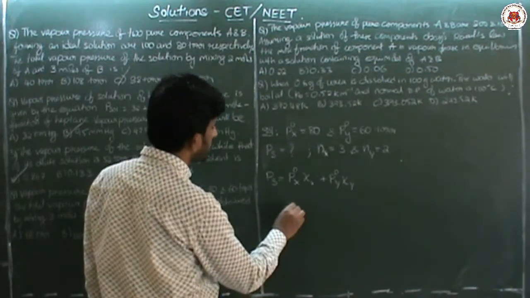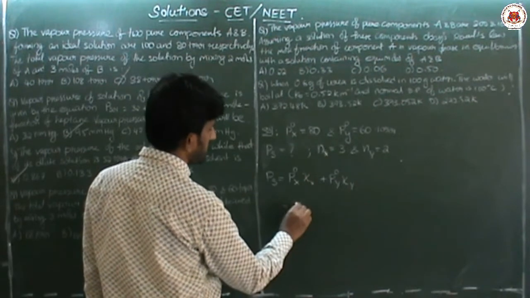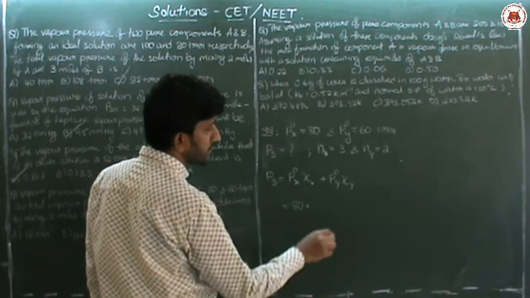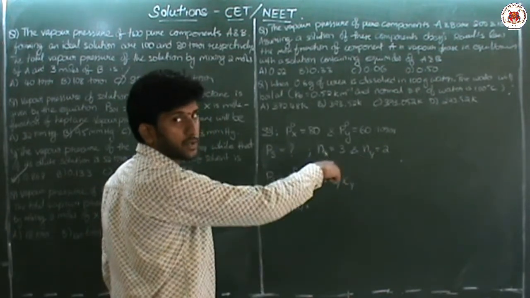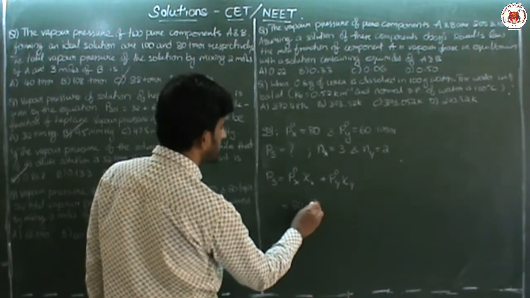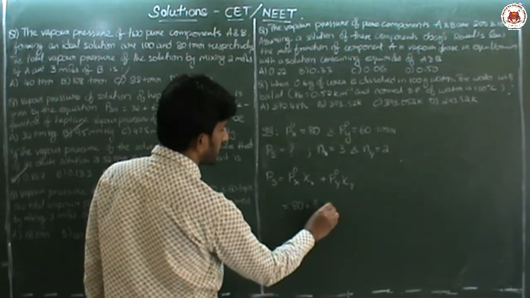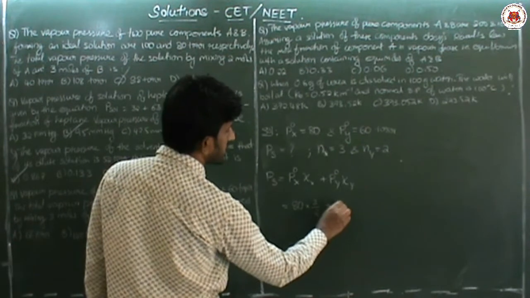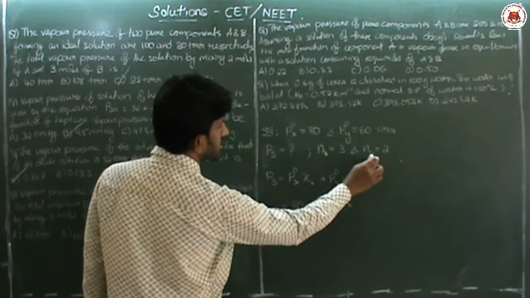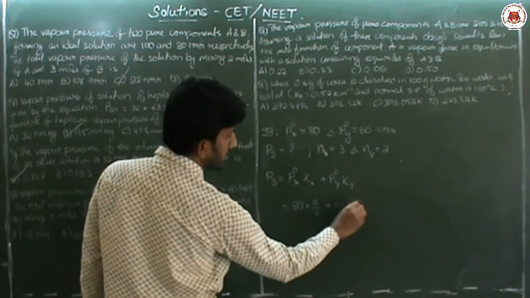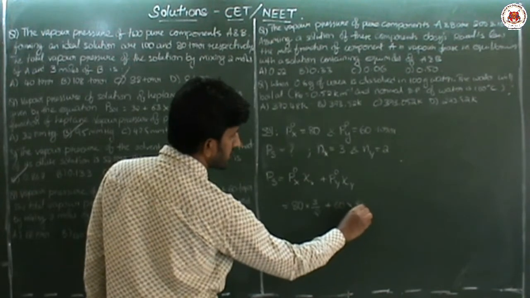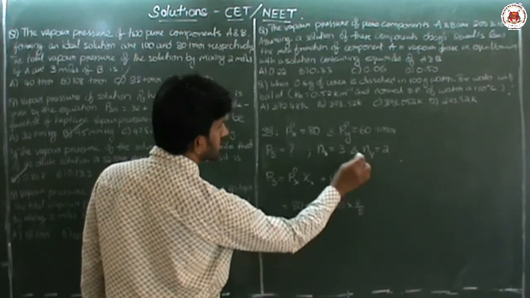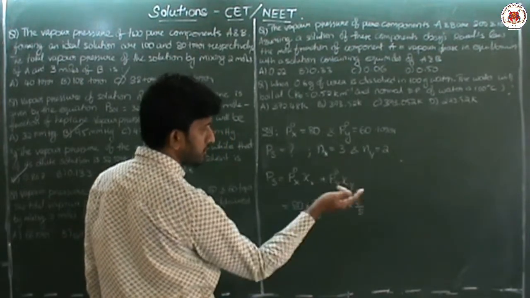From this, X is 80 into the mole fraction of X. What is the mole fraction of X? The number of moles of X by the total number of moles, which is 3 by 5, plus the pure vapor pressure of Y, 60, into XY, the number of moles of Y by the total number of moles, that means 2 by 5. This is 3 by 5 because it is the number of moles of X by total moles.